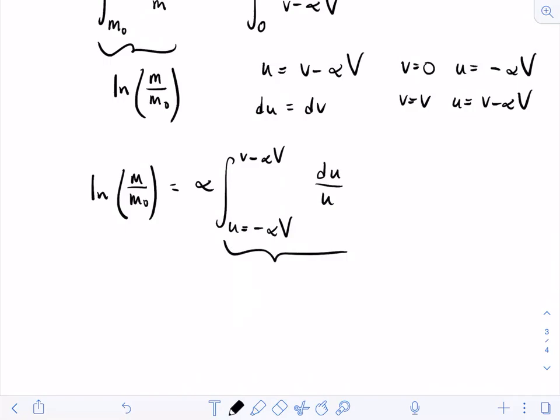So we'll just get another ln function. This is going to be the ln of (v minus alpha V) minus the ln of (minus alpha V).